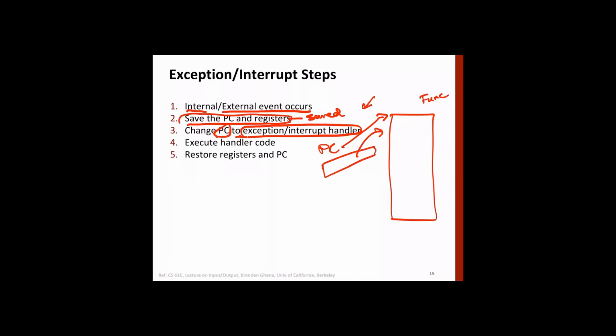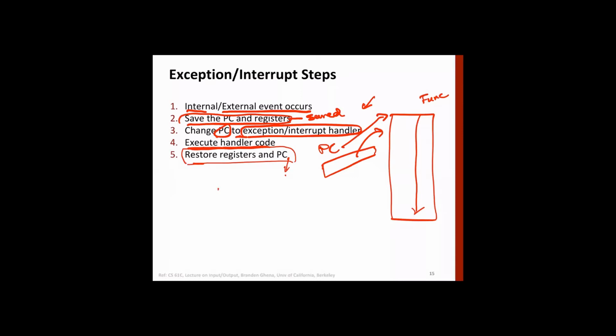Interrupt could be of various types, right? And various devices can cause an interrupt, so more information will go to the interrupt handler. It will execute this code, and then when this is over, control will go back to the program that was in execution. So in order to do that, its state is to be restored, which means the PC, which will now point to the next instruction to be executed, and all the registers that are there in the data path will be restored.